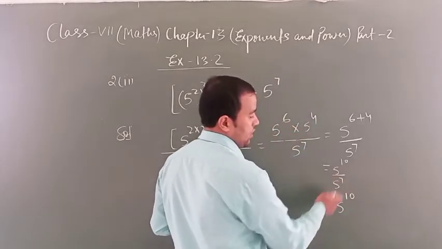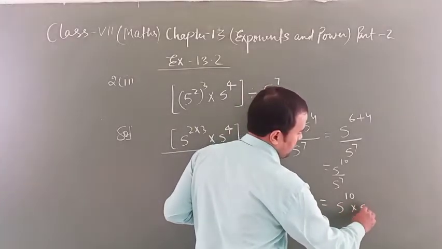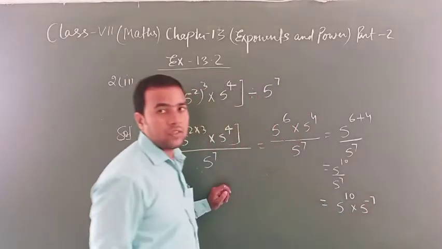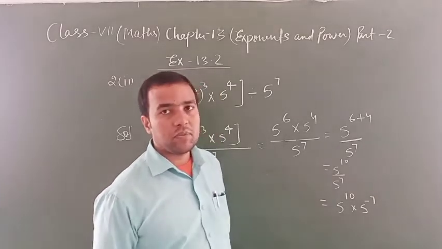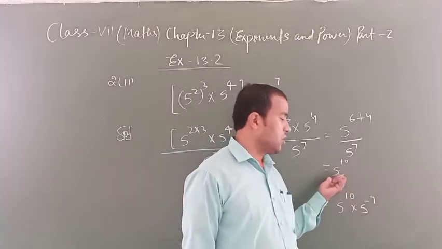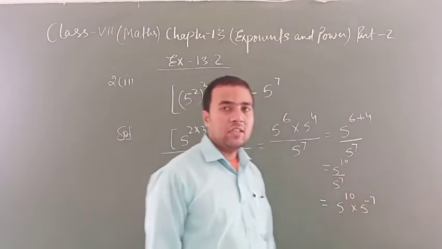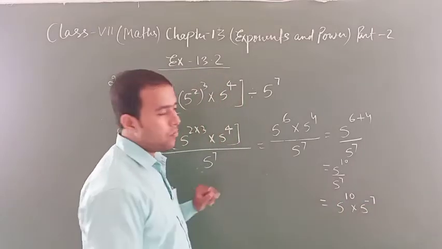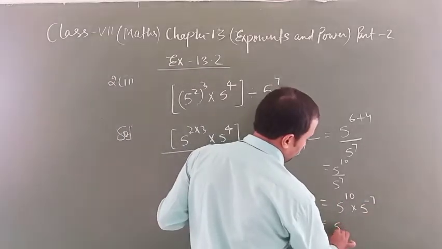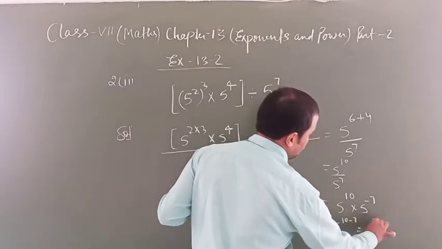If you write 5 power 7 upside, the sign will be changed: divide changes to multiply, plus sign changes to minus sign. So a power m into a power n is a power m plus n, and here a power 10 minus 7 equals 5 power 3.